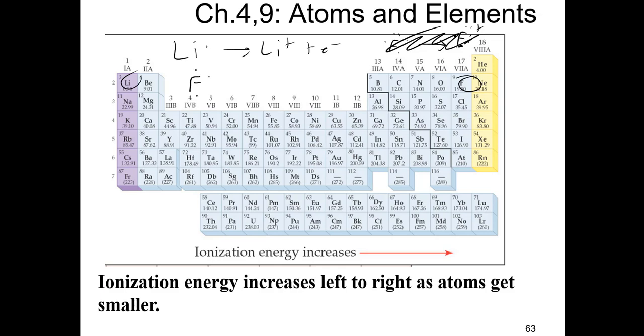So there's my original fluorine. I'm going to rip off an electron. Now it looks like this, with a positive charge. We never see positive fluorines because it's so hard to rip off that electron.